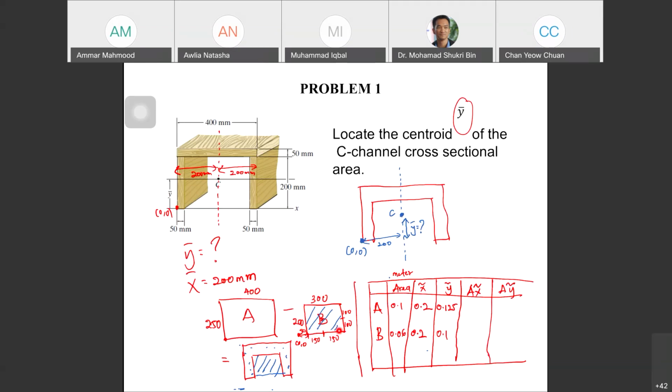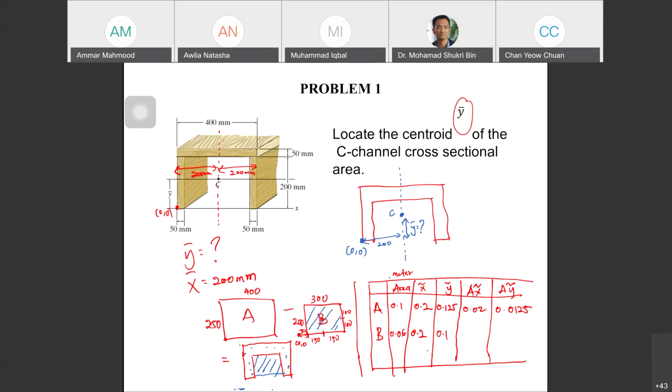So you times 0.1 times 0.2, you got 0.02, and 0.125 times 0.1. Here you have 0.0125. Okay, simply multiply area with Y and area with X. Here also same. Alright, we have 0.6 times 0.2.